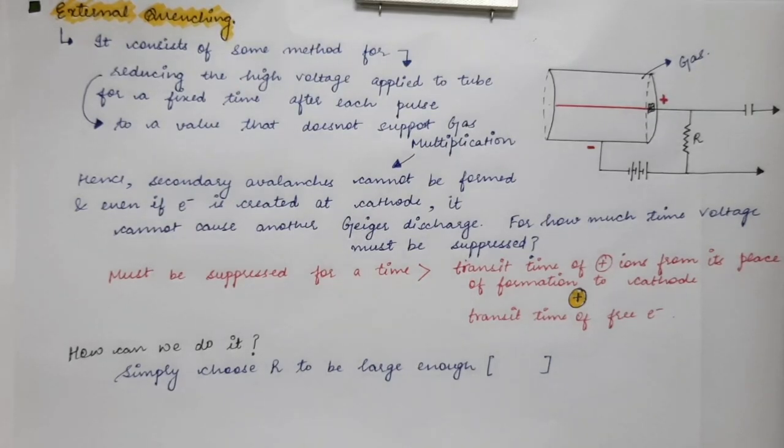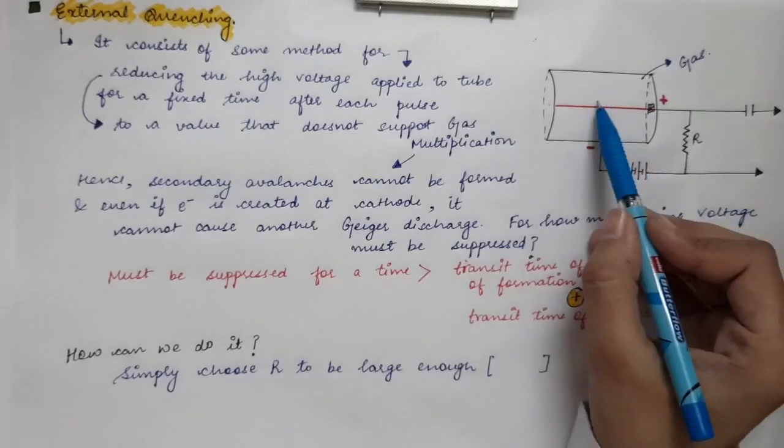So if by some technique we reduce this electric field, if for some time we reduce the voltage around the GM tube, then the positive ions won't be hitting with a large amount of energy, and in that case no electron will be released from the cathode wall.